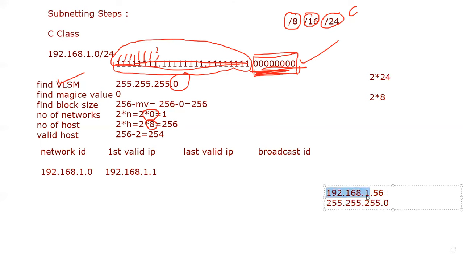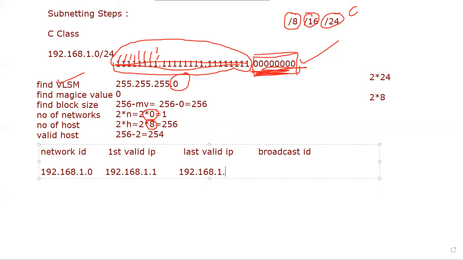This is my network ID. This is my host ID. So 192.168.1.1 is my first IP. 192.168.1.254 is my last IP. This is my broadcast ID.